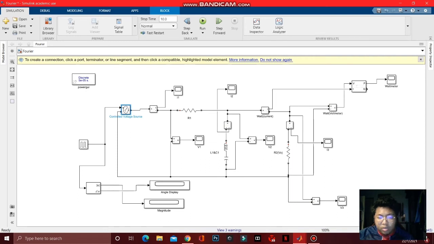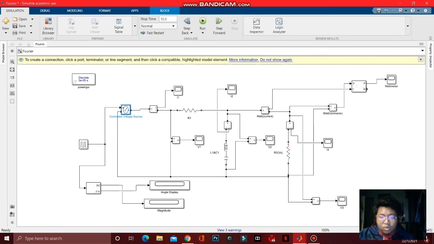So for this circuit, we have 2 resistors, 1 inductor and 1 capacitor. Then we have 3 voltmeters that show the voltage for each branch, and we also have the ammeter to show each branch current. Then we have the wattmeter to show the watt of the circuit.